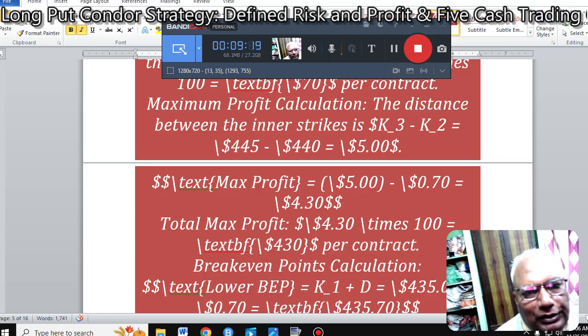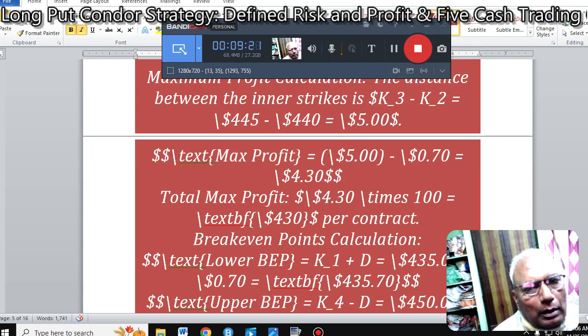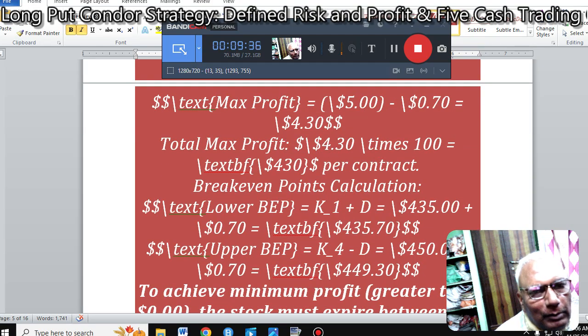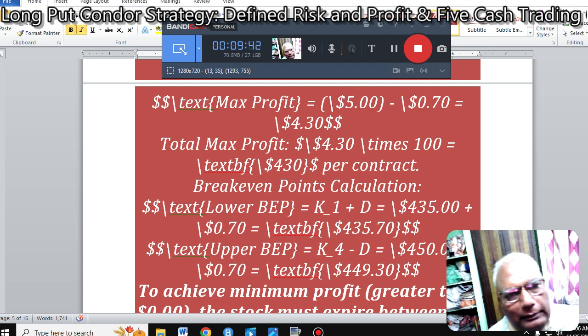Maximum profit equals $5 minus $0.70, which means $4.30. That is profit. Total maximum profit is 4.30 times 100, which is $430 per contract.